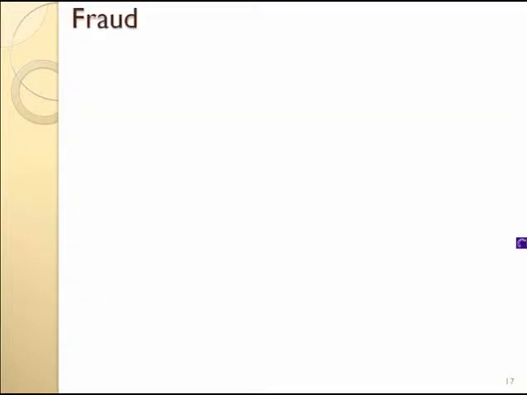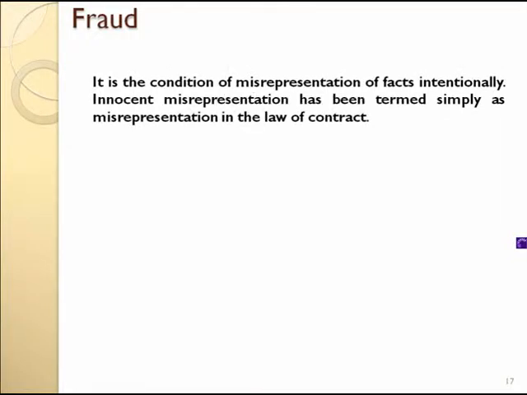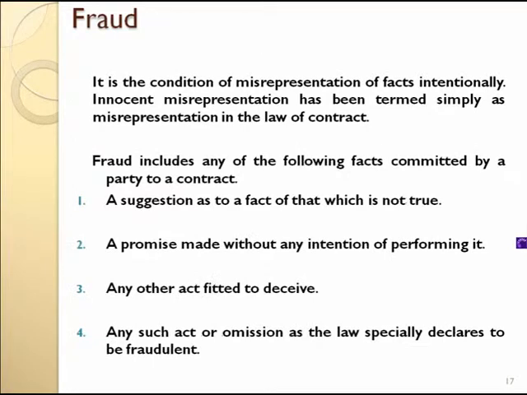Now the next point is fraud. Fraud is the condition of intentional misrepresentation. In the case of misrepresentation, you have studied that it was an innocent mistake, but fraud is an intentional act, because you have done it to deceive the other party. Fraud includes any of the following.